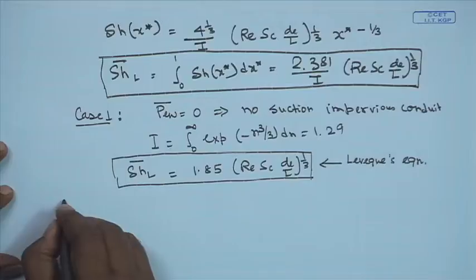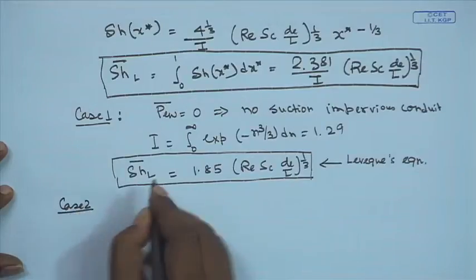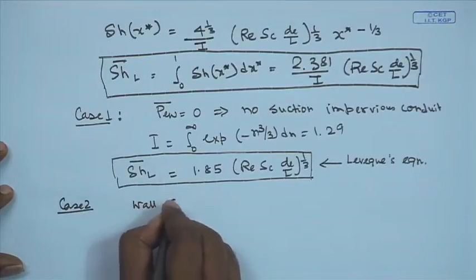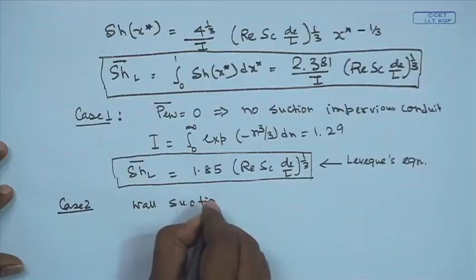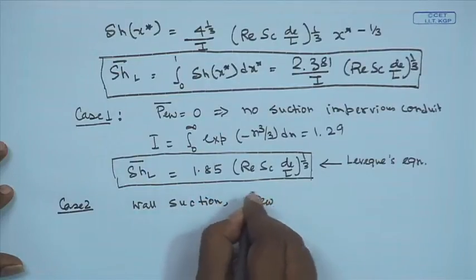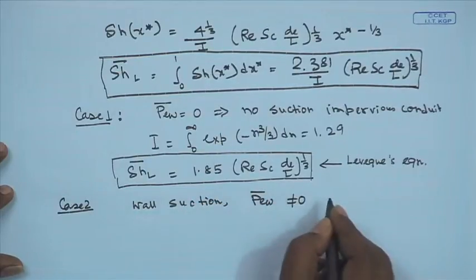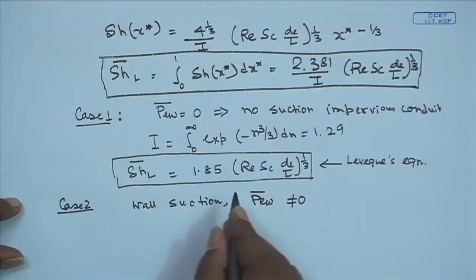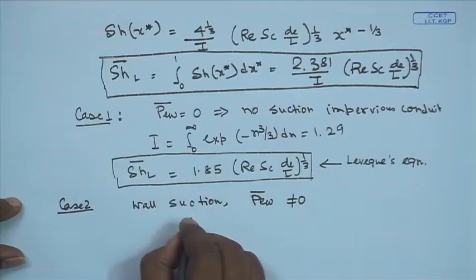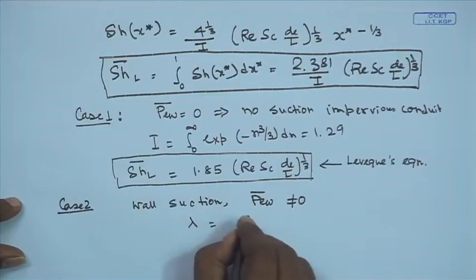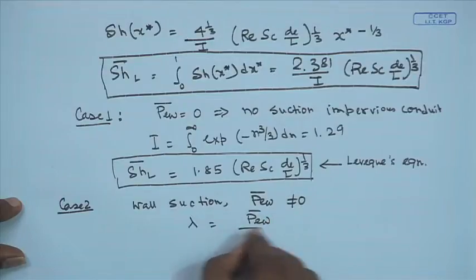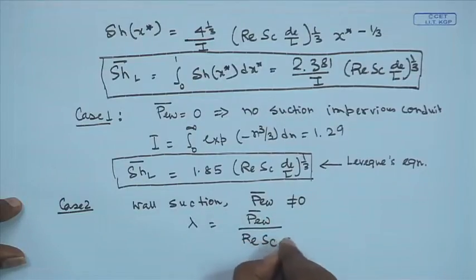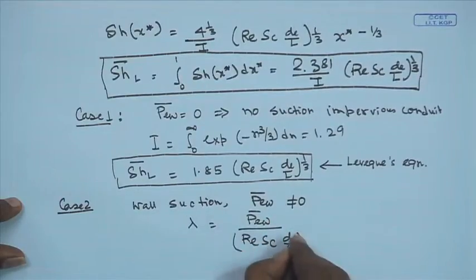So, next, case 2, when wall suction is not equal to 0, Pw bar is not equal to 0, that means you will be having a membrane channel with permeation into the system. If you look into the value of lambda, it is nothing but Pw bar divided by Reynolds Schmidt d by L to the power 1 upon 3.